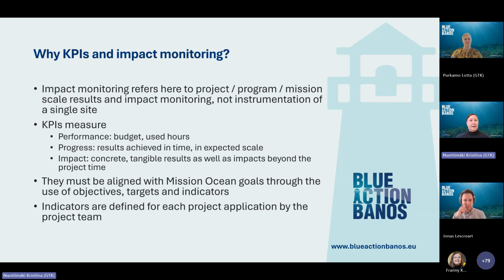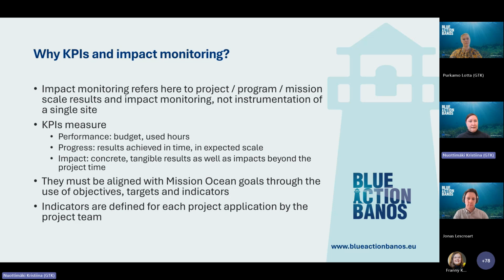We have defined some KPIs that measure performance, such as budget and used hours, and then progress that measure results achieved in time and in expected scale, as you will describe in your full proposal. But we are especially interested in the impact in this project, and it means that we want to measure the concrete, tangible results that you will reach during your project, and also those that you reach beyond the project time that might be out of your hands, but that you can affect by the outcomes of your project.